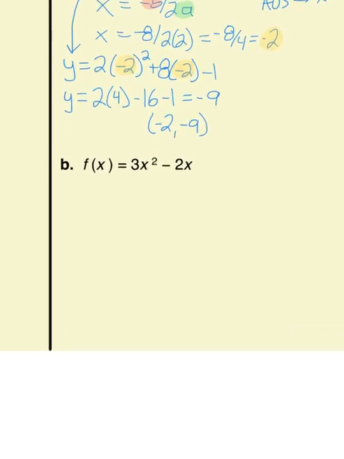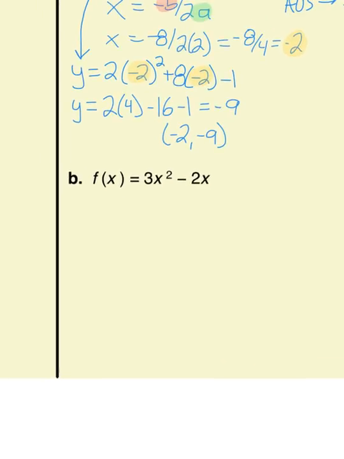Alright, I will move on to example B. So we're finding the axis of symmetry using the equation x equals negative b over 2a, and then we'll plug that in to find y. In this case, b is already negative. So when I plug in negative 2 for b, I have a negative negative, and a negative times a negative is positive.